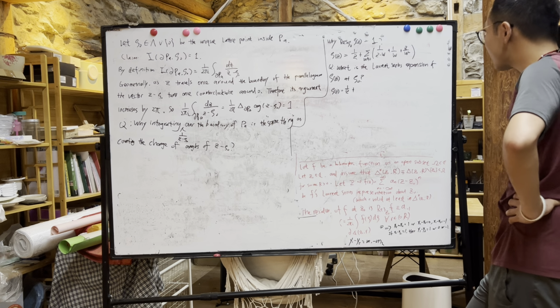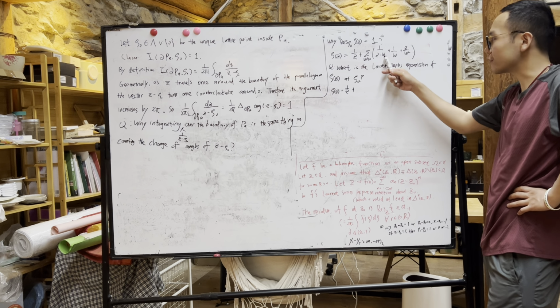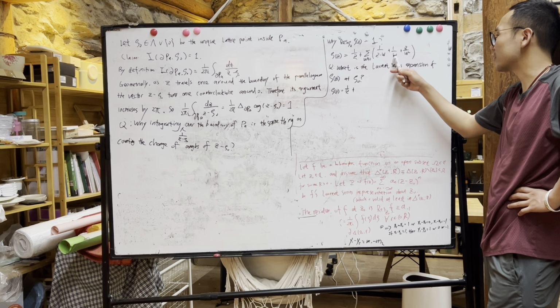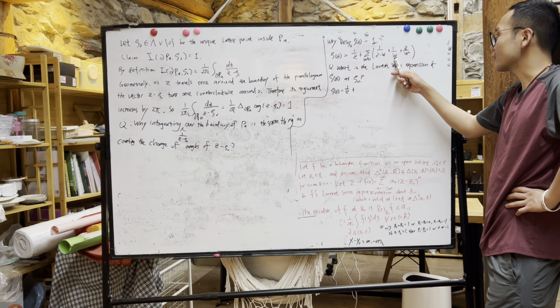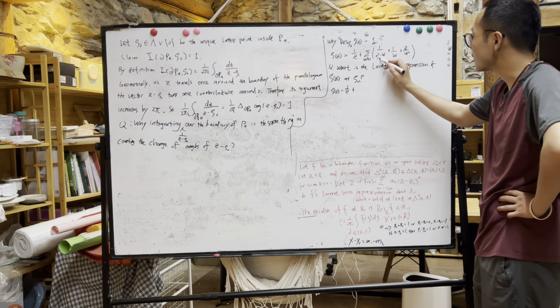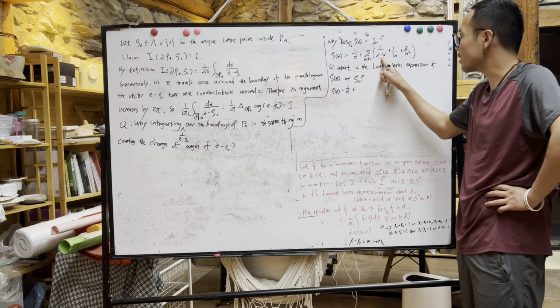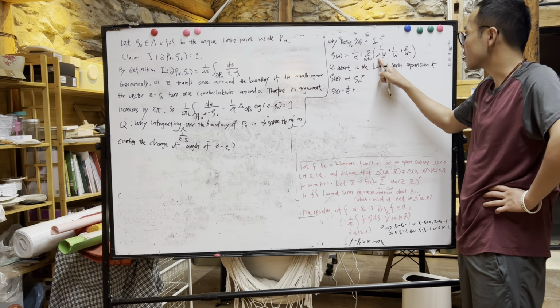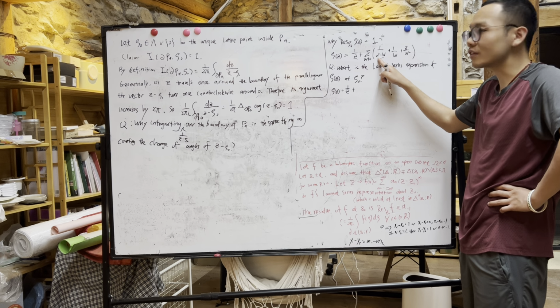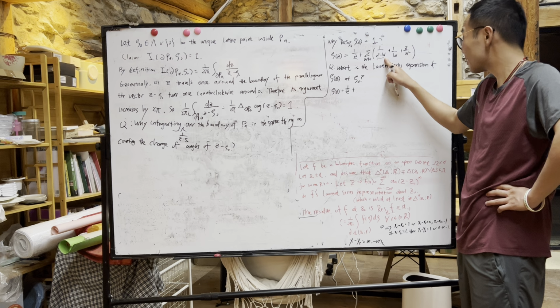And the reason we know that is because for each of the lattice points, there is this term, 1 over z minus whatever the lattice point is.